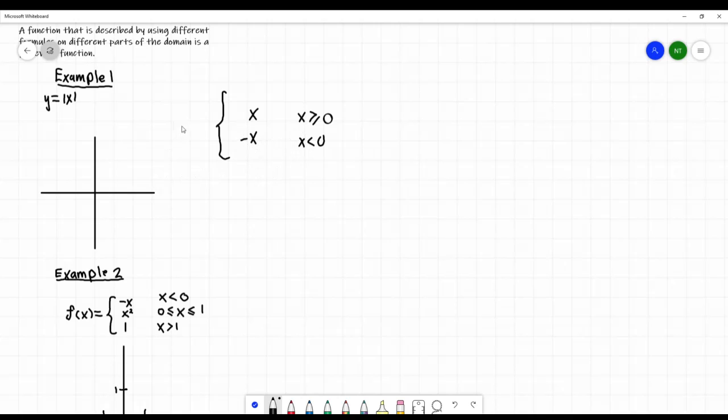So there we have it, guys. We described y as a piecewise function of x. And we can draw it here. So how does that look? When x is greater than 0, y is equal to x. That is just going to be a straight line like this.